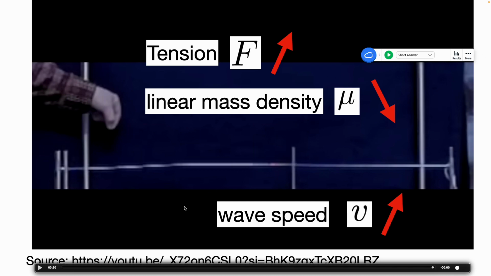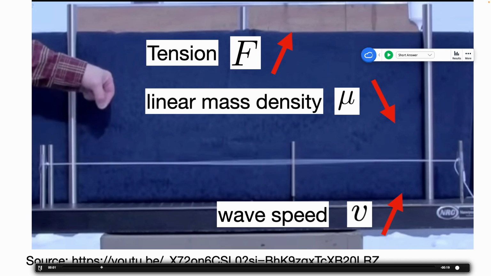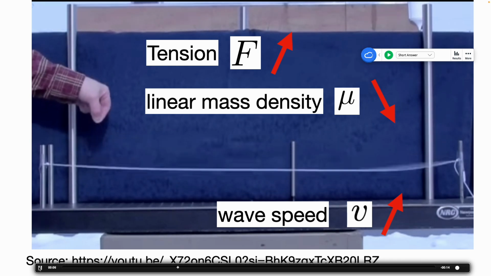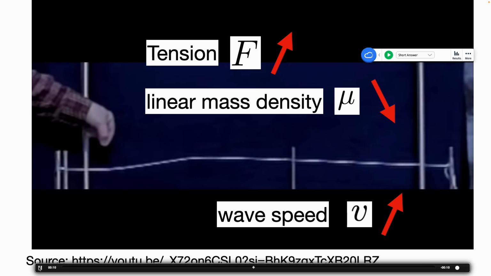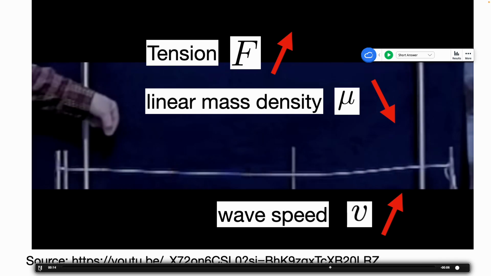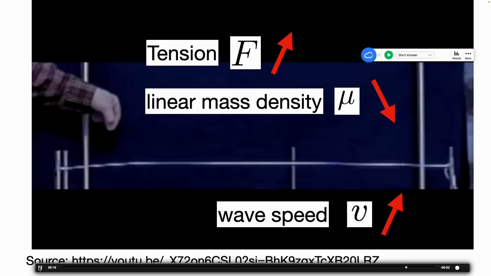And the bigger the tension the string has, the bigger the force. So if I have a bigger tension force, the string will want to bounce back faster, and that gives you a faster traveling wave. So if the string itself has a bigger tension on it, it's tighter, you pull the string really tight, the string wave will travel faster.